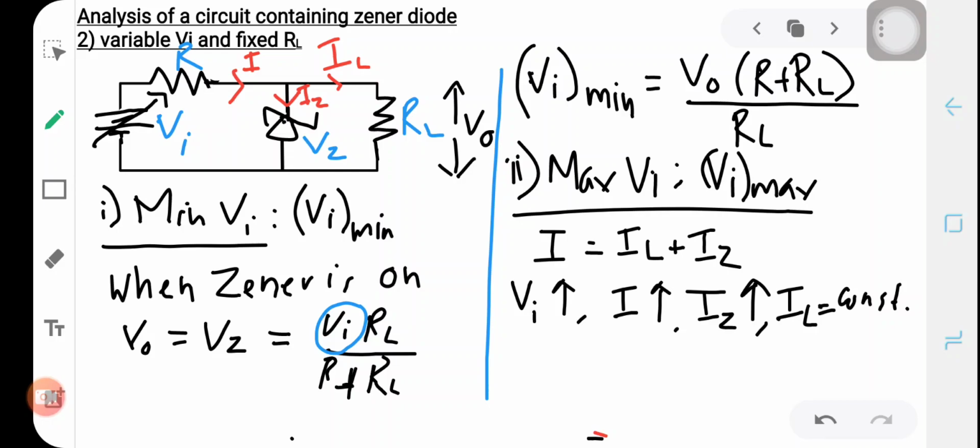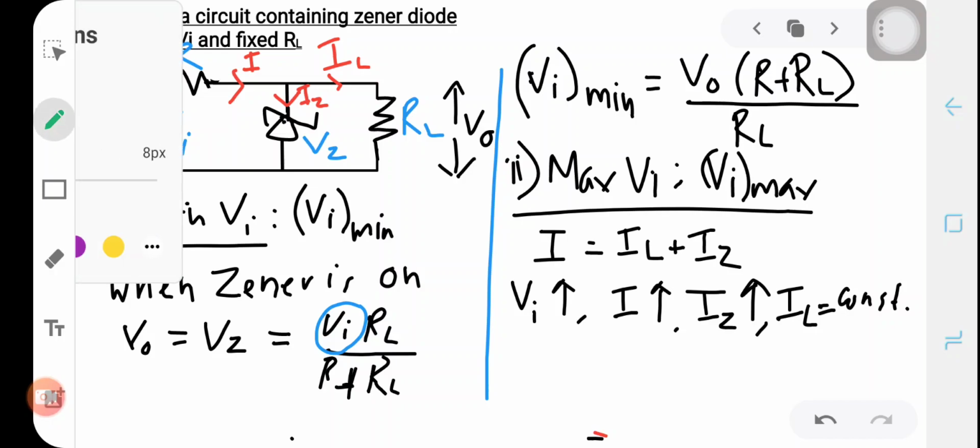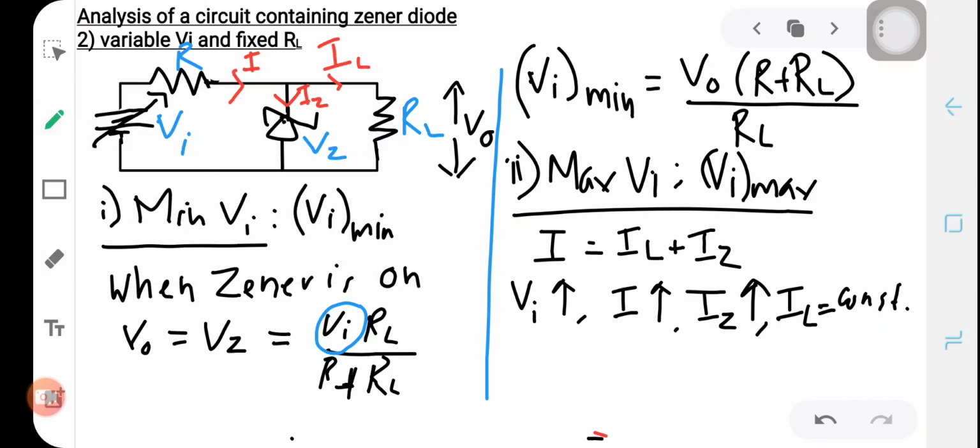So keep this in mind always: when input voltage increases, the current drawn from the battery by the circuit, I, will increase. Since the zener is in the breakdown region, the zener current Iz will increase and IL will remain constant. So if we increase Vi indefinitely, Iz will also increase.